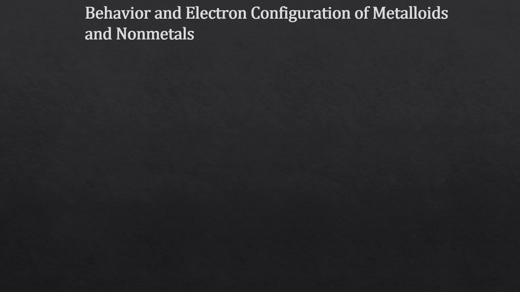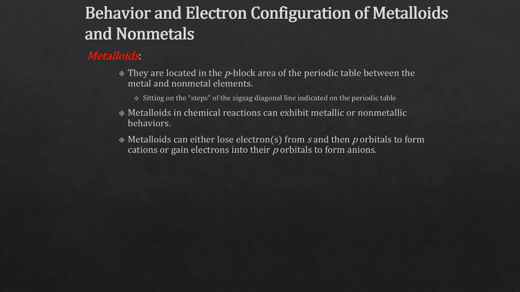So let's talk about metalloids and nonmetals. Metalloids are located in the p block in the area right along that jagged line we looked at, the steps of that zigzag. Metalloids can be either like metals or like nonmetals. What this means is that they can both lose electrons or gain electrons. You may notice from these patterns, all the metals we just talked about tend to react by losing electrons.